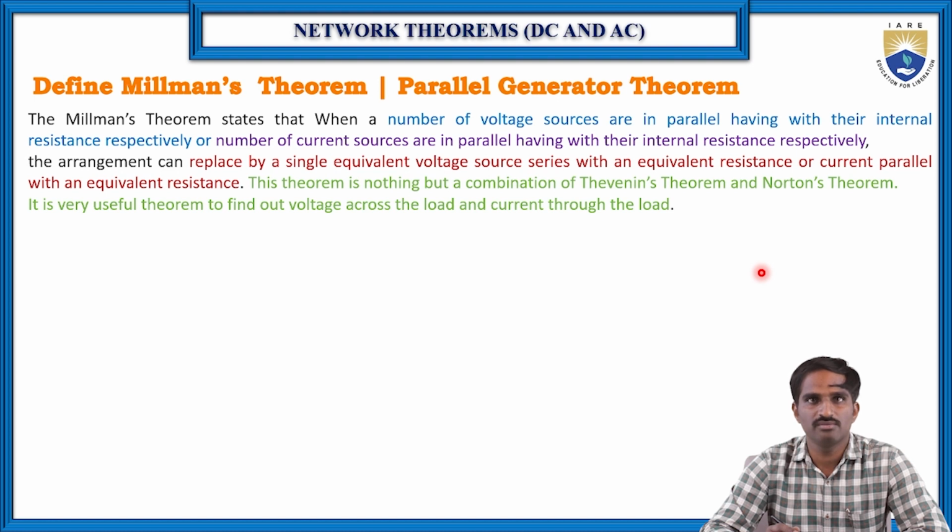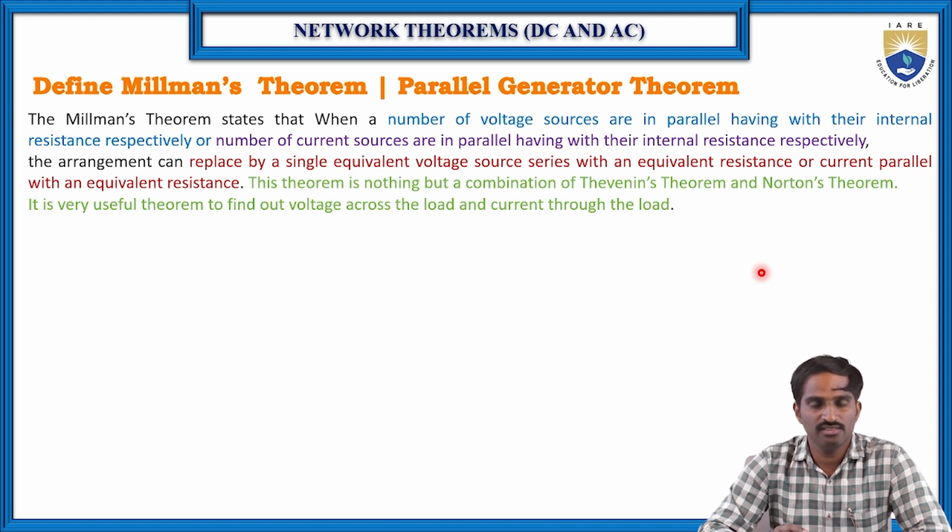According to Millman's theorem, when a number of voltage sources are in parallel with their linear internal resistances respectively, or a number of current sources are in parallel with their internal resistances respectively, which means, as we know, the internal resistance of a voltage source is connected in series with the voltage source, and the internal resistance of a current source is connected in parallel with the current source, then the arrangement can be replaced with a single equivalent voltage source in series with the equivalent resistance, or a single equivalent current source in parallel with the equivalent resistance.